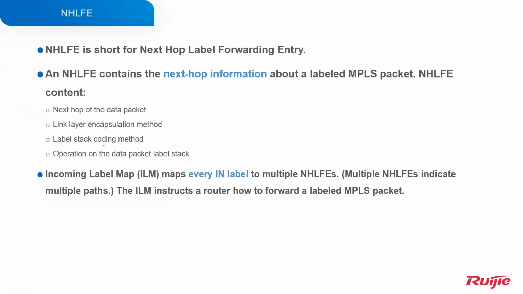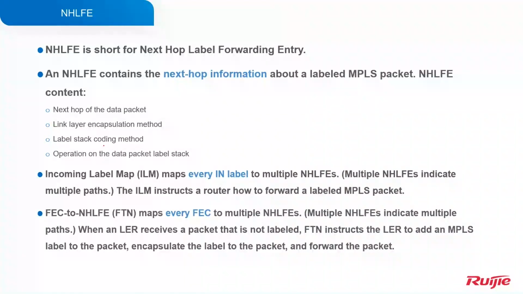And the incoming label map maps every incoming label to multiple next hops. The ILM instructs a router how to forward MPLS labeled packets. That means the table includes all the entries. This table we call the incoming label map.